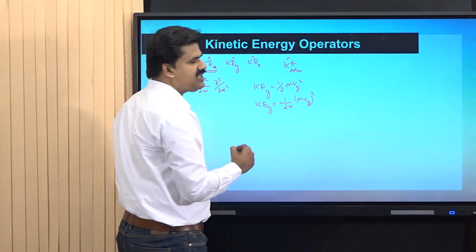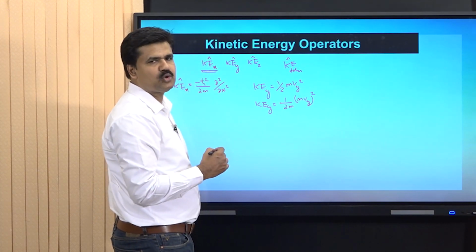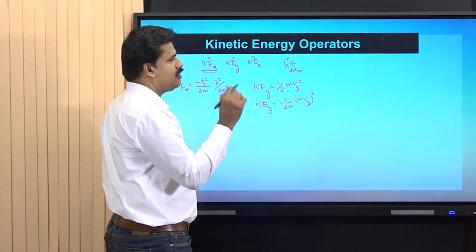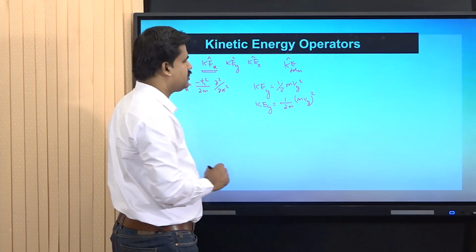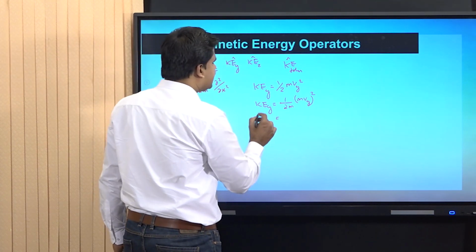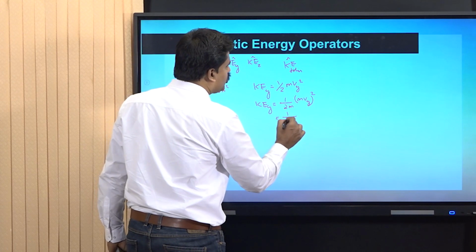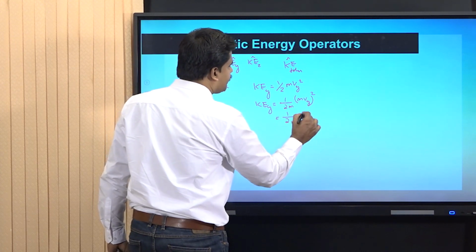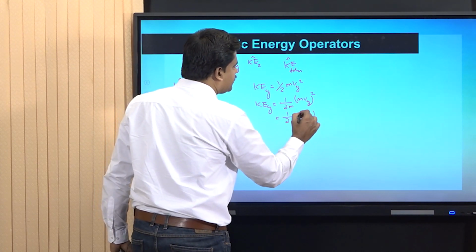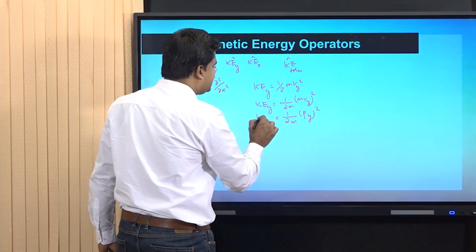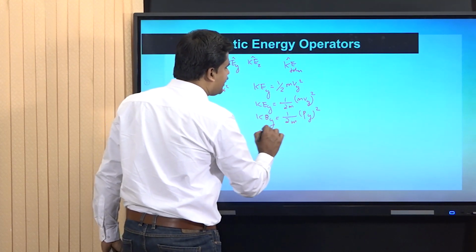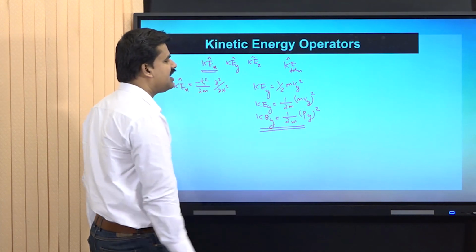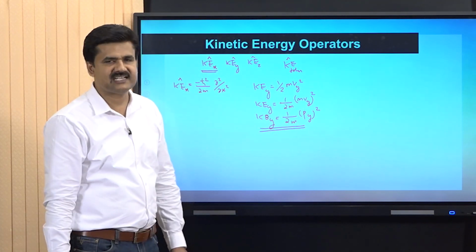And we know mvy is equal to py, that is momentum along y direction. Therefore, kinetic energy along y direction is equal to 1 by 2m py the whole square. This is the classical mechanical expression for kinetic energy along y direction.